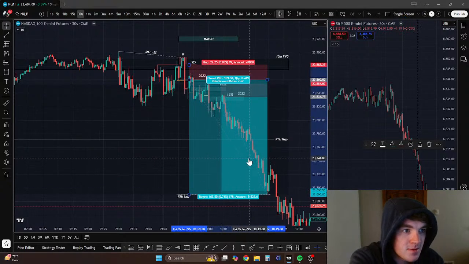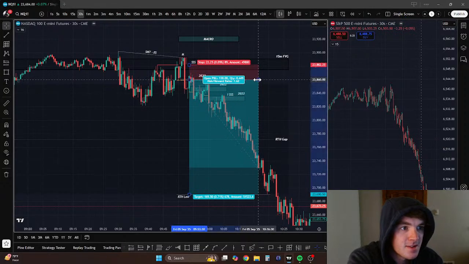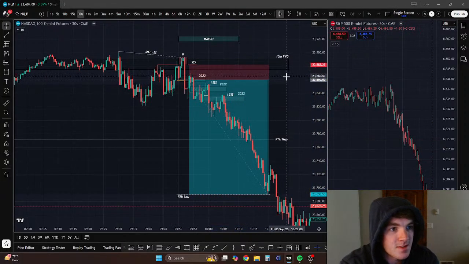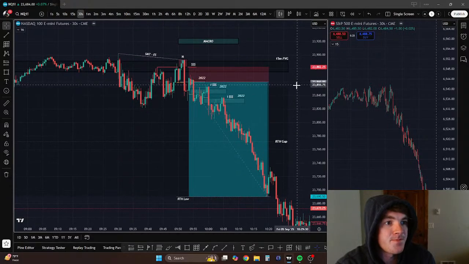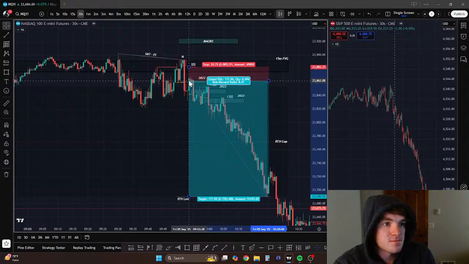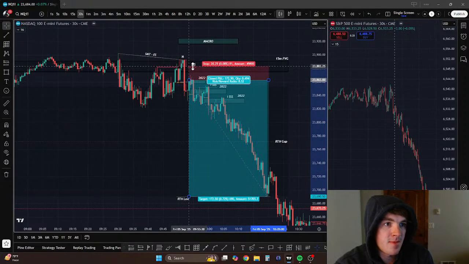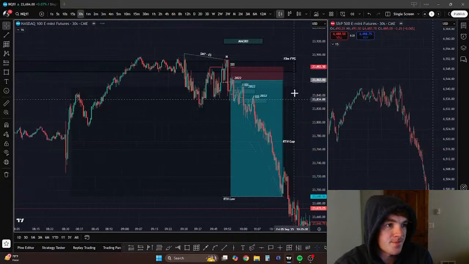So yeah, here's the regular one, right? The regular one is just this high here, and then we go down to the low. So I'm gonna mark this out, right? And I put stop above the breaker in this case.